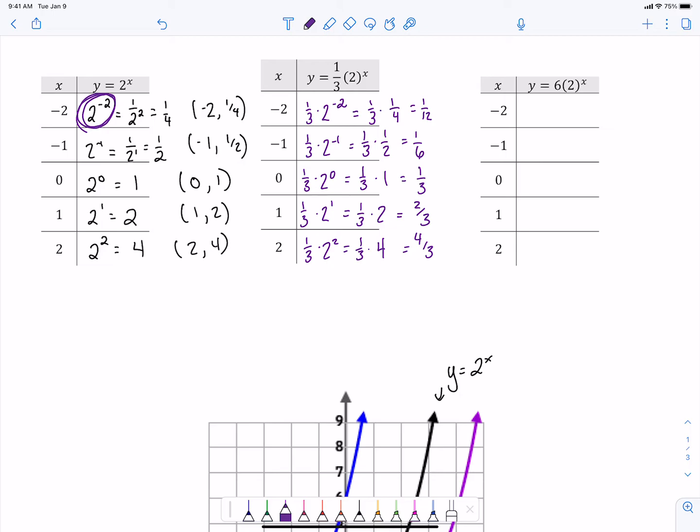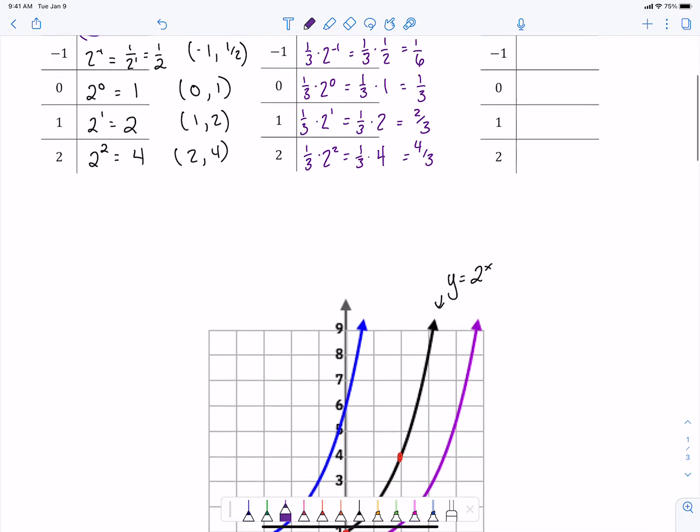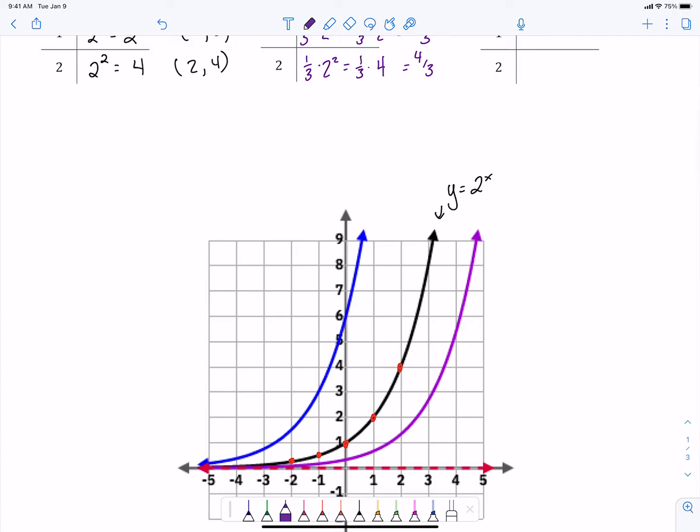So (-2, 1/12), (-1, 1/6), and so on. And we can see down here on the purple graph, those points. We've got (-2, 1/12). It's all pretty close to the y-axis there. We've got (-1, 1/6), (0, 1/3), (1, 2/3), and then (2, 4/3).